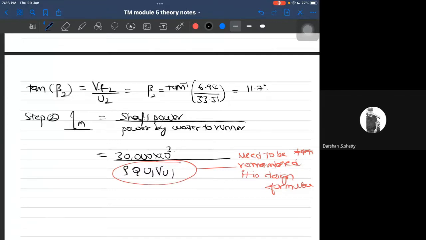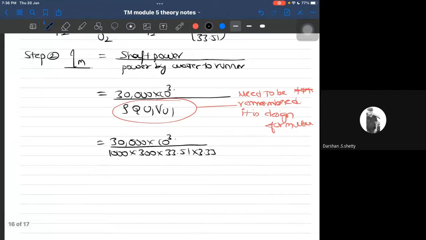It is equal to 30,000 into 10 to the power of 3, this whole divided by 1000 into 300 into 33.51 into 3.33. Very good. So it is 0.89, which is equal to 89%. So this is your mechanical efficiency.